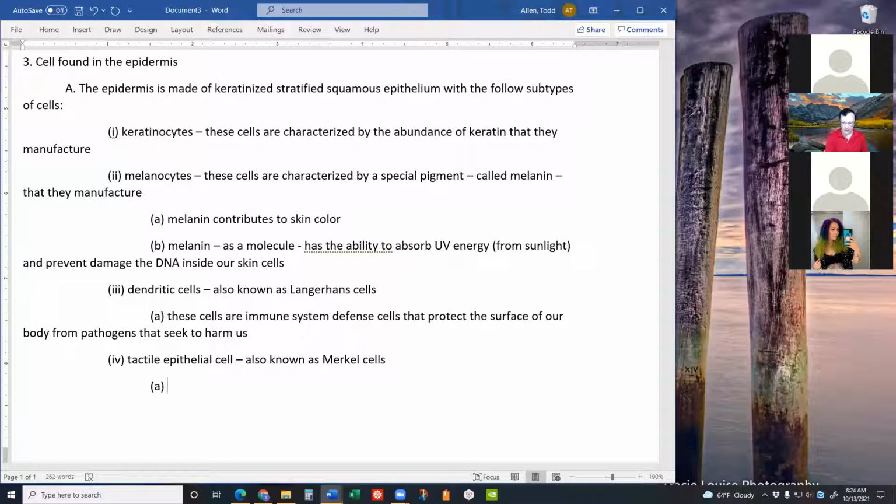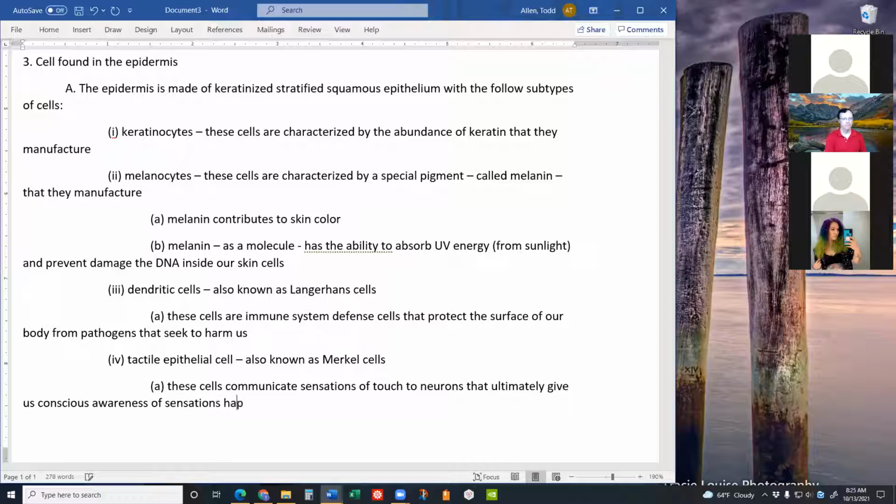So these cells communicate sensations of touch to neurons that ultimately give us conscious awareness of sensations happening at the surface of our skin.